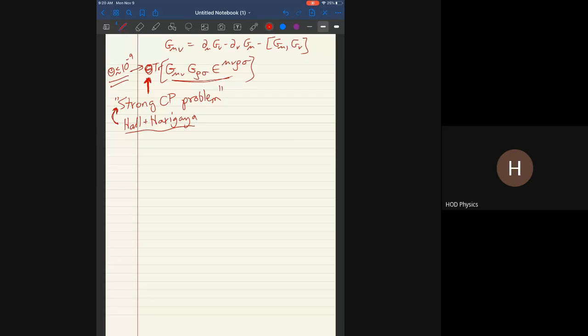But this SU(3) cross SU(2) cross U(1) is not being able to explain this thing. Neither any of these extensions you are talking about can really address this issue, right? Yes, indeed. So I will talk about that a little bit tomorrow.